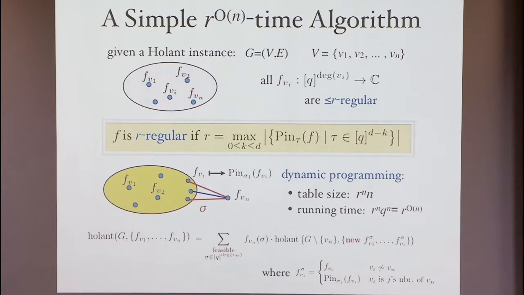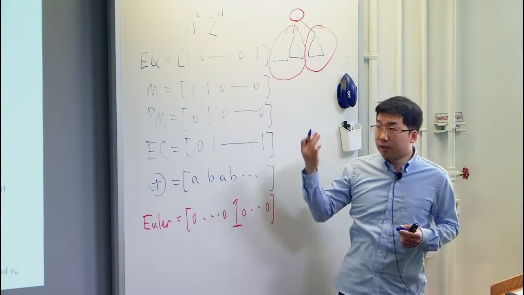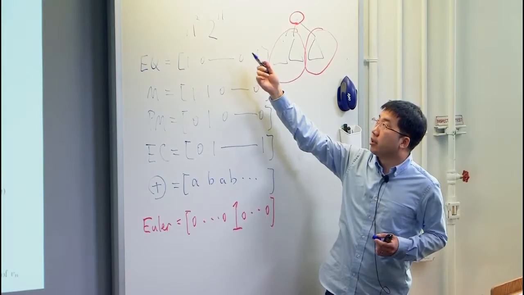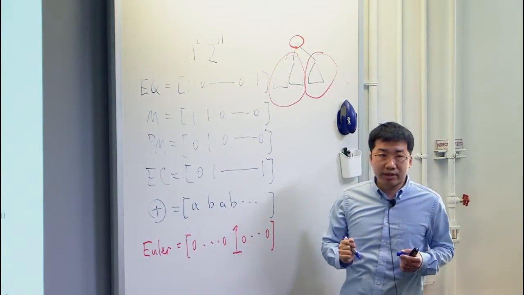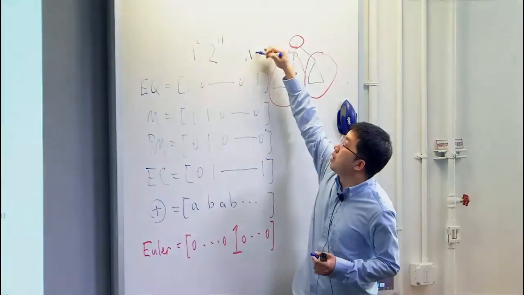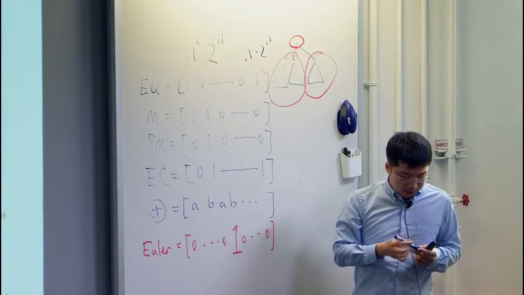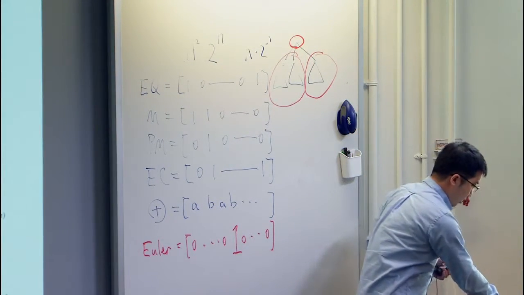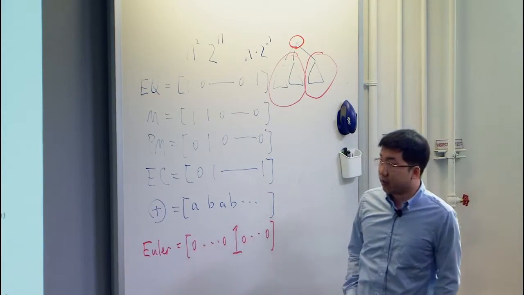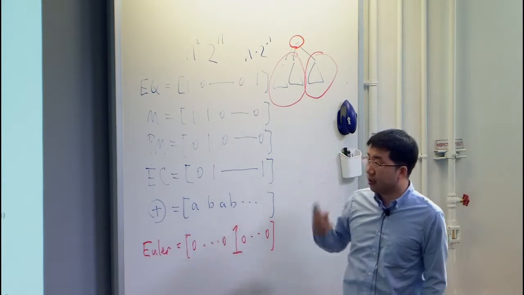So this very simple combinatorial algorithm can compute the permanent of an n by n matrix in time n^2 times 2^n, which is very close to the running time of Ryser's formula, which is n times 2^n, without using the inversion technique.